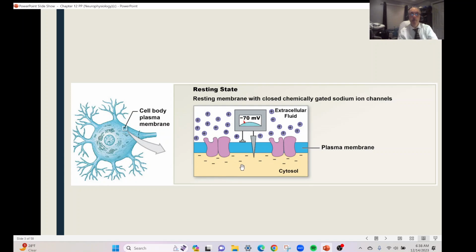Even though potassium is a positive ion, these proteins and phosphates are so negative that they make the inside negative. What makes the outside positive are sodium ions. The outside of the cell is rich in sodium. So now you can see we have a separation of charges, positive on the outside, negative on the inside.